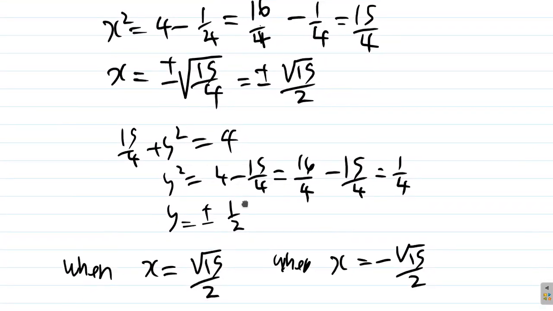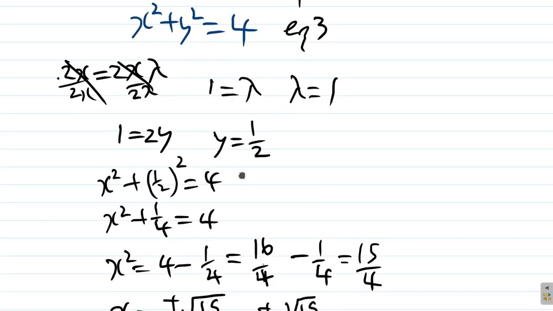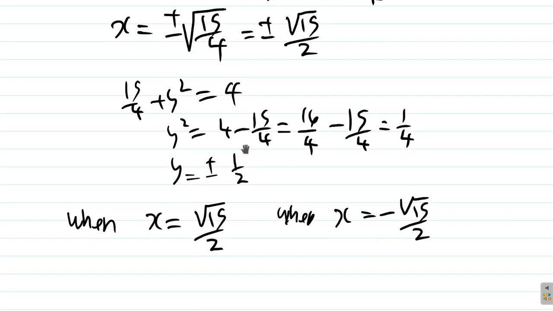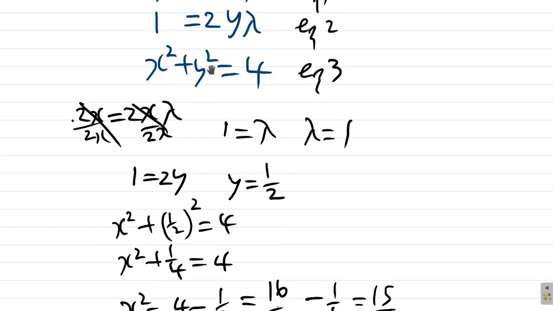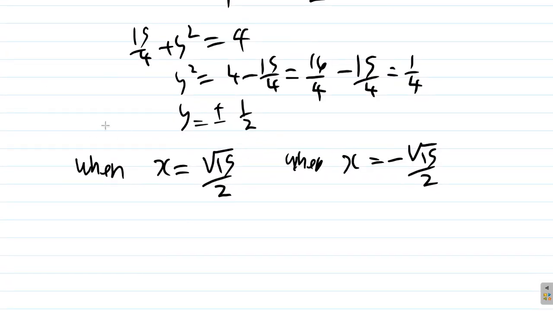Right? So y would remain half. We get y is half already. So x squared plus y squared equals 4. When x is square root of 15 over 4, then y would be positive or negative half. But we already confirmed that y gives us half, so it doesn't seem as if it's ever negative half.